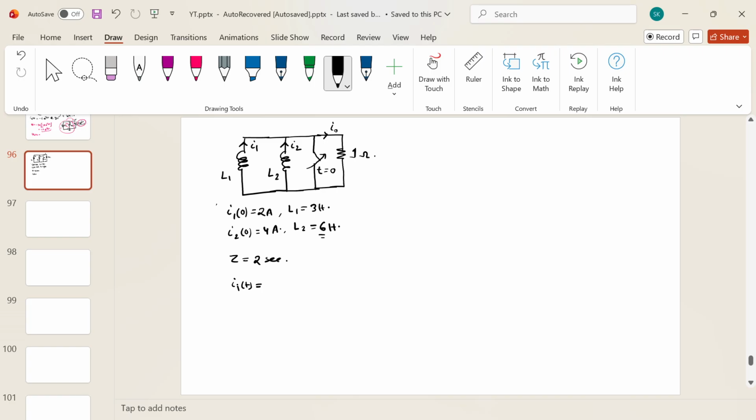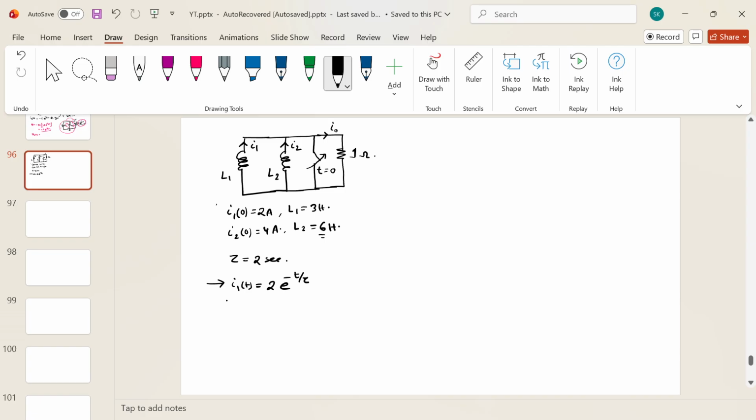So this current equation I1 of t will simply be the initial current, 2 ampere, e to the power minus t by tau, right? This is the standard discharging circuit current equation.